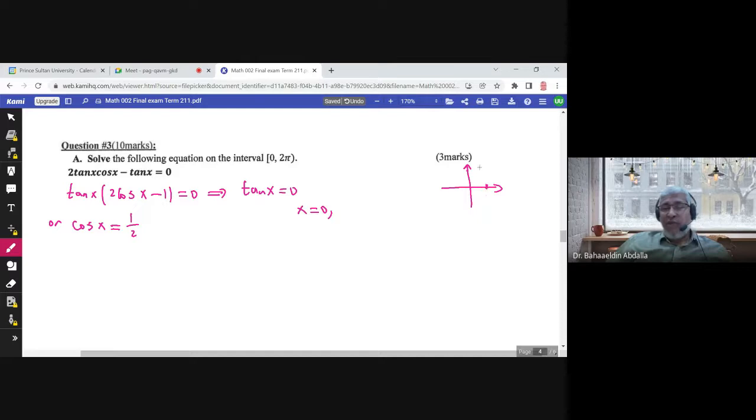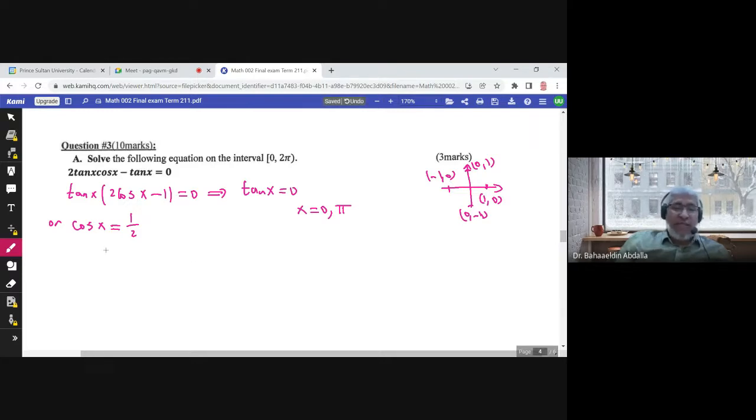On the unit circle, 0, 1, -1, 0, 0, -1, tan is y over x. So 0 over 1 is 0, and also tan pi, 0 over -1 is 0. So in fact, there are two solutions of this equation, 0 and pi.